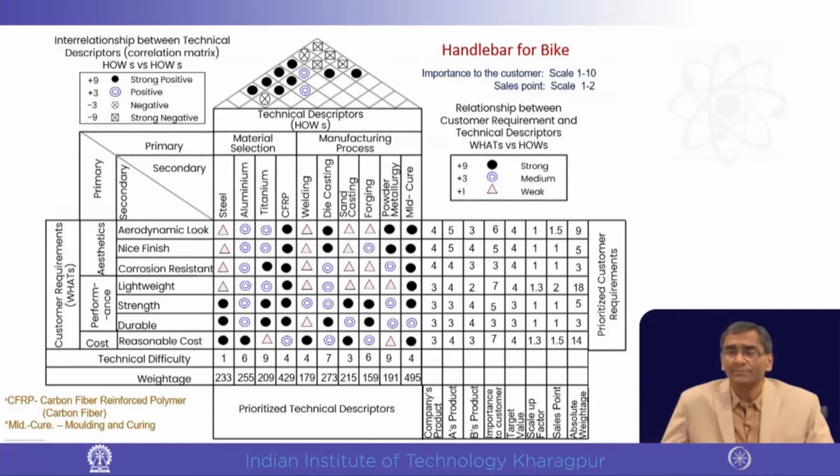The symbols can be chosen by you, but here we have taken the circle within a circle as medium and the triangle as weak. These symbols will then be converted into equivalent numerical values.